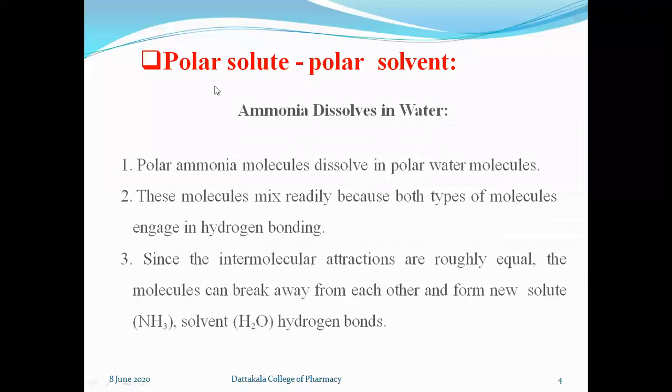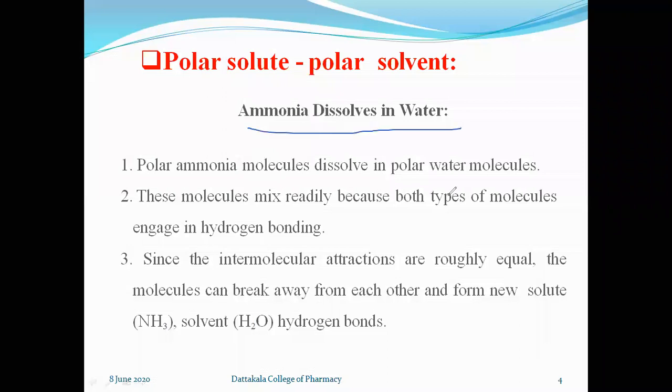Let us see when a polar solute and polar solvent are present in the system. An example is ammonia dissolved in water. A polar ammonia molecule dissolved in polar water molecules.